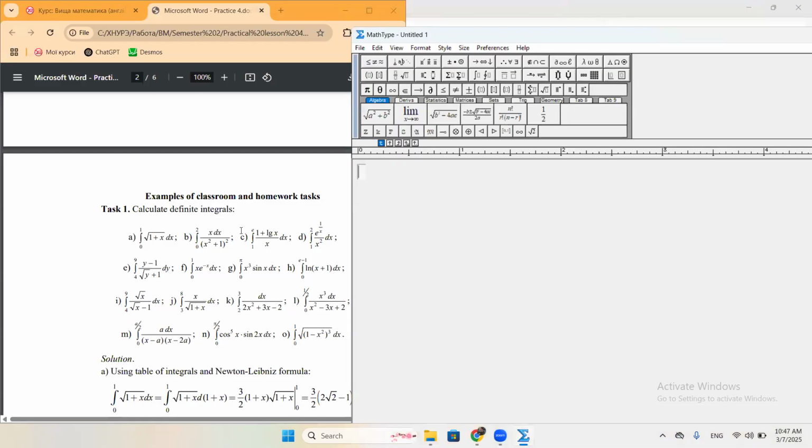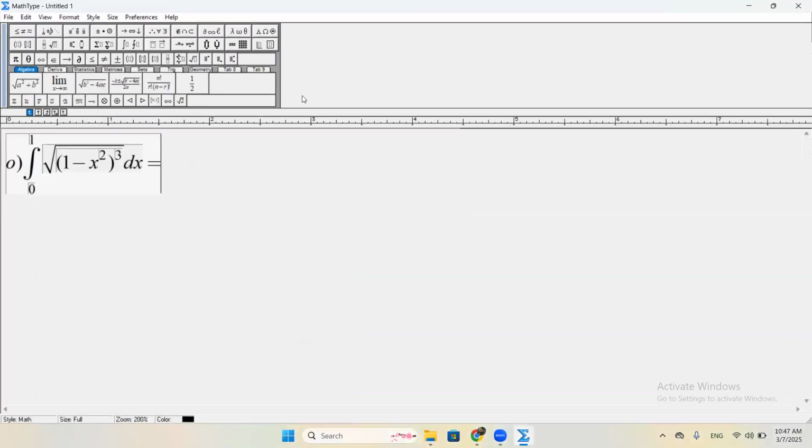And so exercise O, we have the following integral, so irrational functions, function and such kind of irrationality that can be solved with trigonometric substitution that you remember from the previous lesson. For such kind of irrationality, we will use the following substitution.